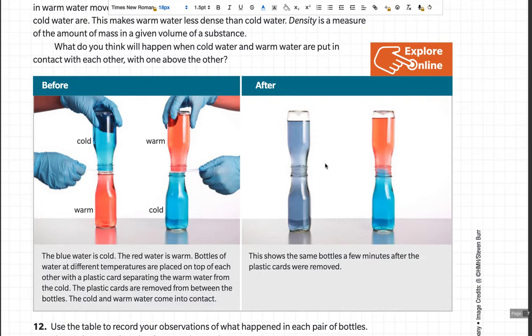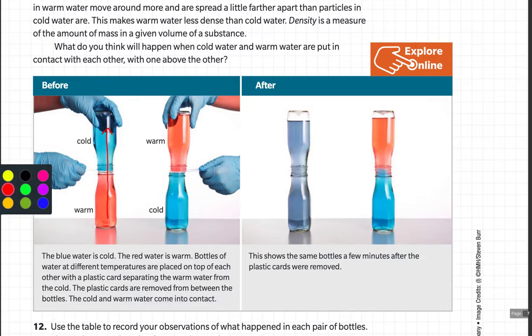But in this one's case, they were flip-flopped. So all the warm air wanted to rise up, and all the cold, sorry, not air, water, the cold water wanted to go down. And so they mixed, and they made this purple color.